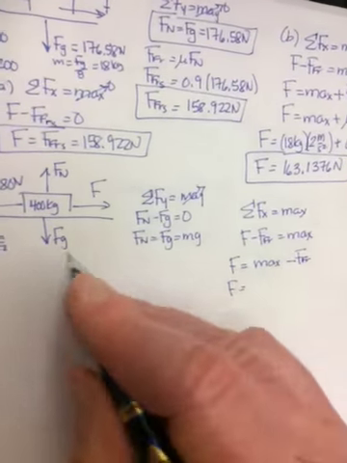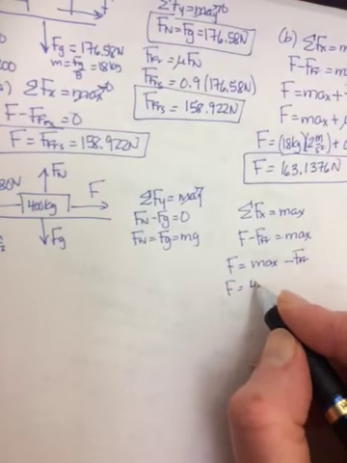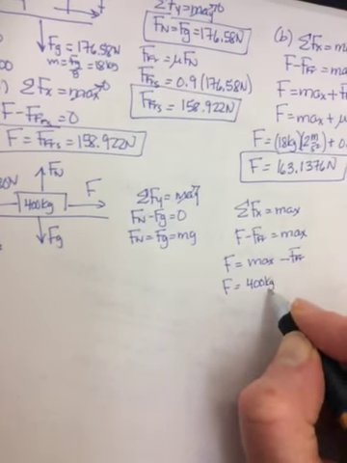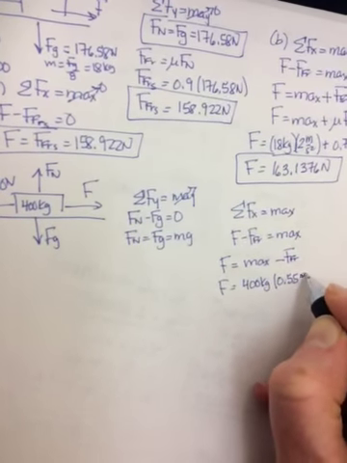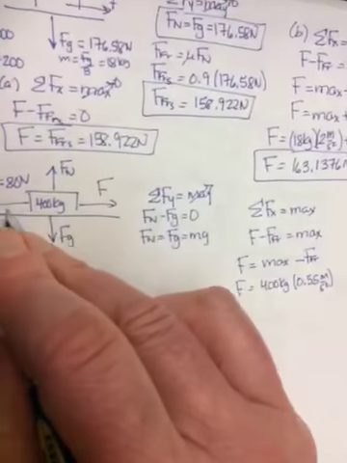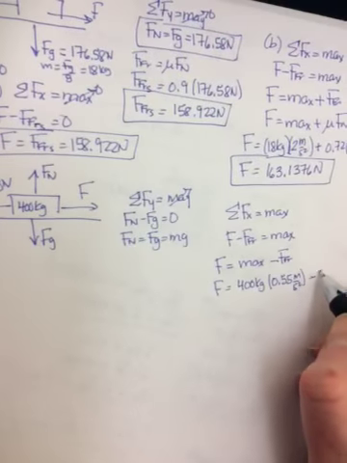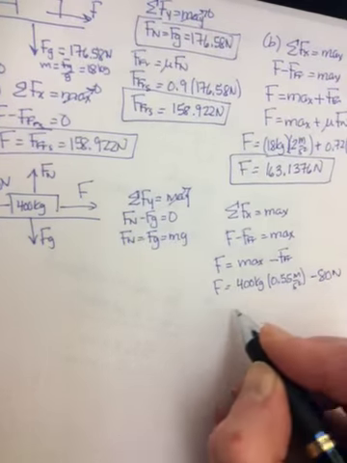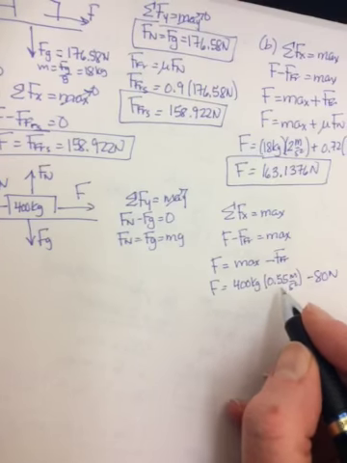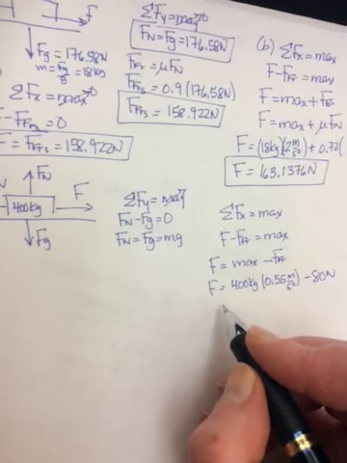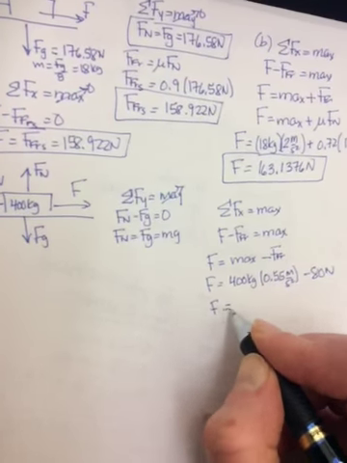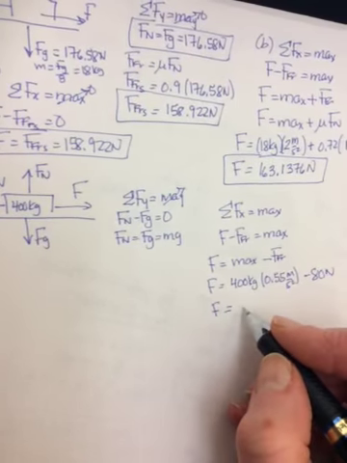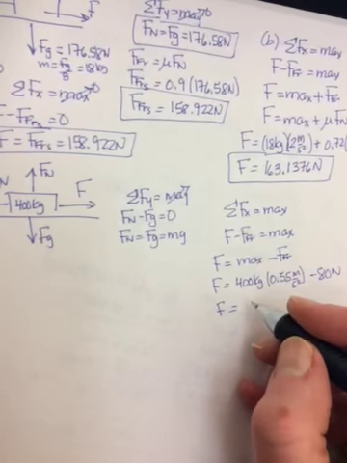So F will equal 400 kilograms. The A is 0.55 meters per second squared, and they told us friction, it's 80 newtons. So 0.55, so 55 times 4, so 220 minus 80. 220 minus 80 should be 140.